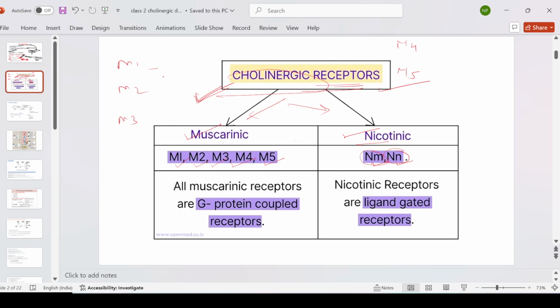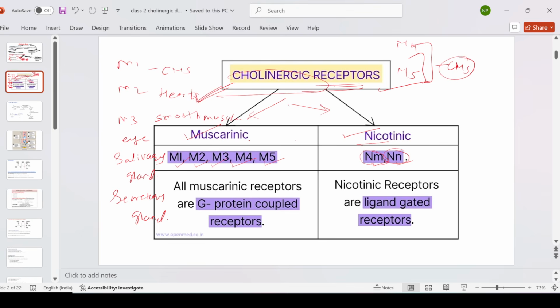So M1 is present in CNS, M2 is present in heart, then M3 is present in the smooth muscle, then eyes, then salivary gland, and all other secretory glands. Okay, so this is the location. Then M4 and M5 are again present in CNS.